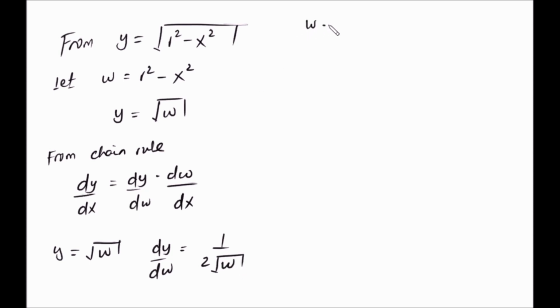Wakati from hii w sasa na r squared minus x squared, hapa dw dx itakuwa nini? Ukidifferentiate r with respect to x unapata 0 because it's constant. Lakini ukidifferentiate x squared with respect to x unapata 2x. Don't forget the negative. Kwa hiyo ni negative 2x.